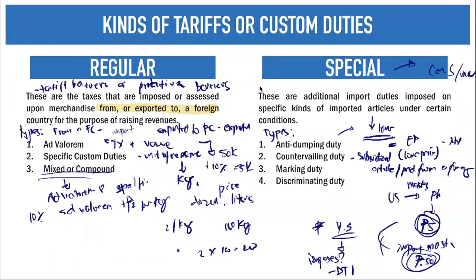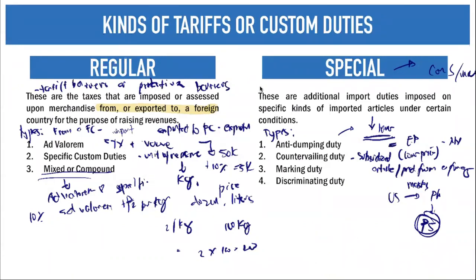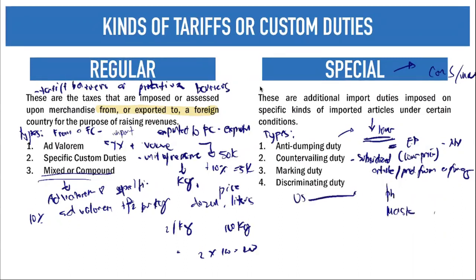So for example, here in the PH, we have a mass. Now the US will try to subsidize PH with more mass.